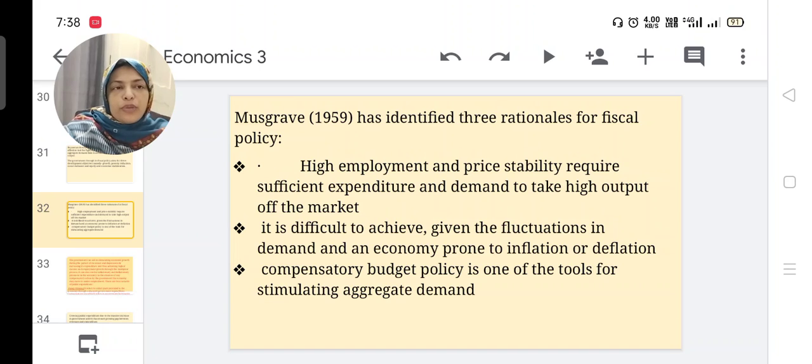High employment and price stability require sufficient expenditure and demand to take up the high output of the market. It is difficult to achieve, given the fluctuations in demand and an economy prone to inflation or deflation. Compensatory budget policy is one of the tools for stimulating aggregate demand.